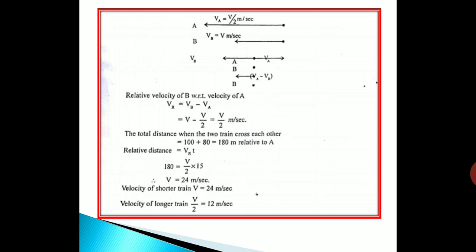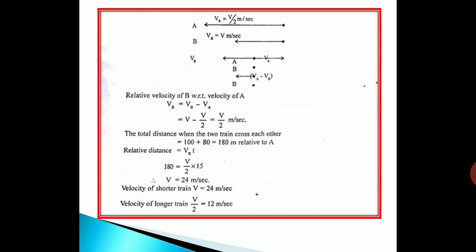So for this to happen, how much will be the total length covered? 80 meters of train B plus 100 meters of train A, which is 180 meters with respect to the slow moving train. Okay, so total distance covered for overtaking will be 180 meters.